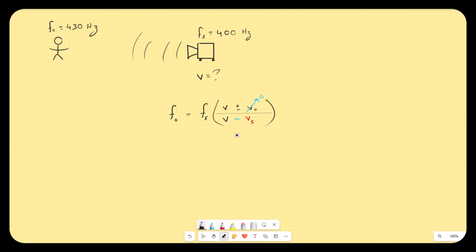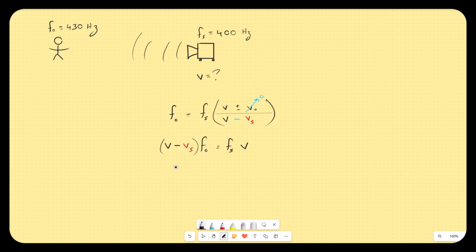So I've got this equation. I can multiply V minus V source times frequency observed equals frequency source times the speed of the wave.